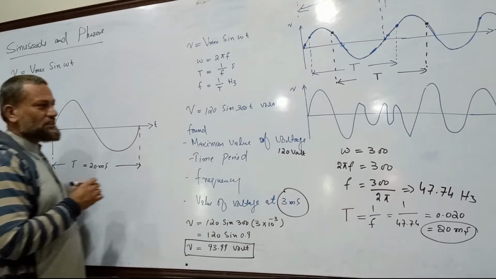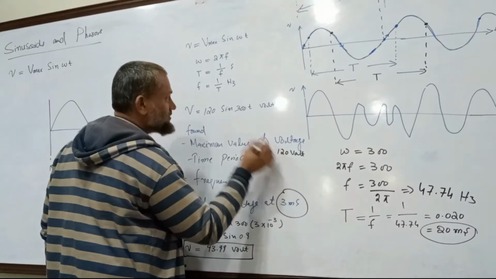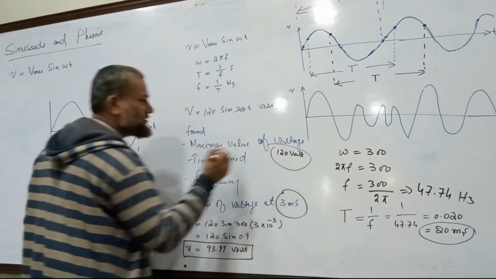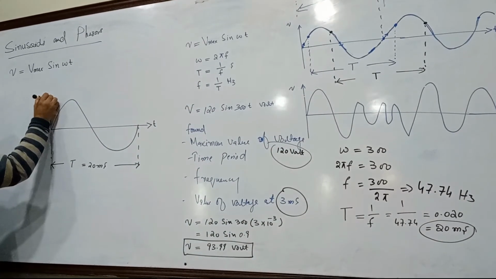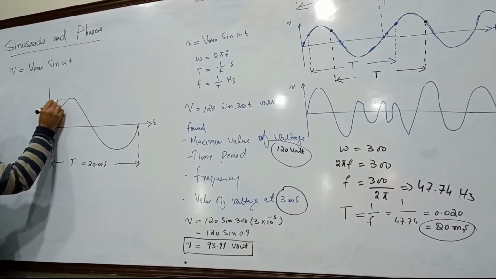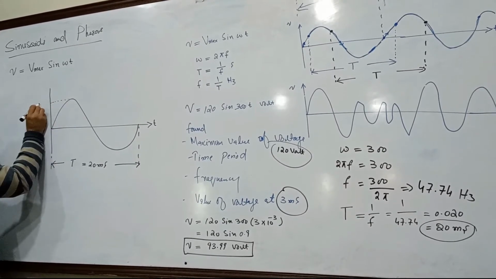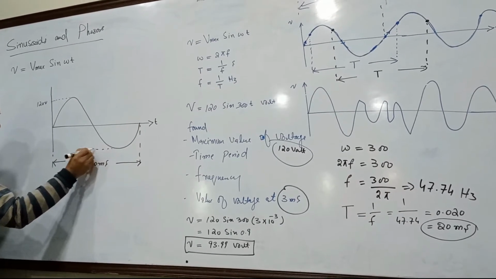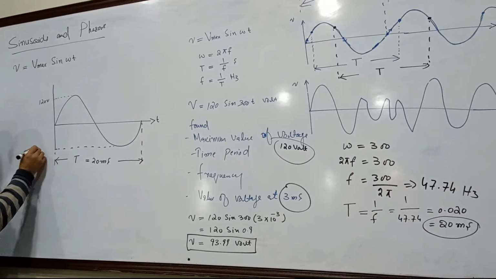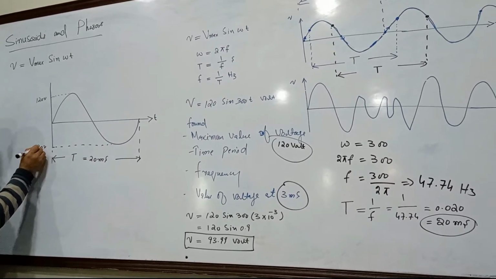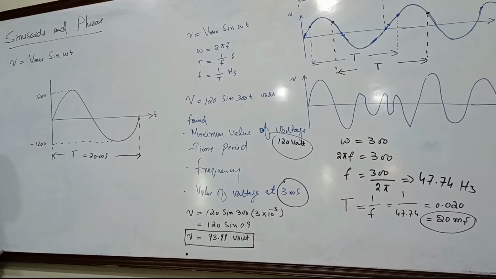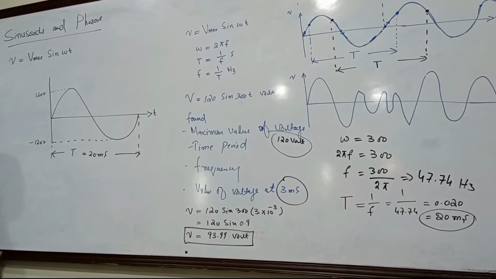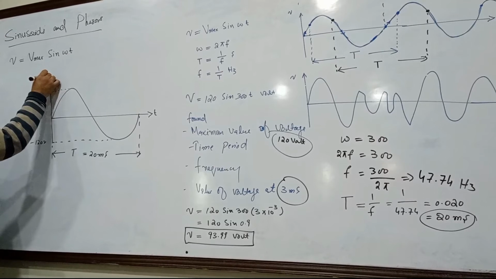How much is the peak value for this? 120. So here it is, the peak value is 120 volt positive and minus 120 volt. That is voltage.